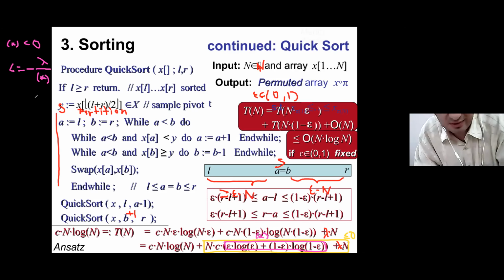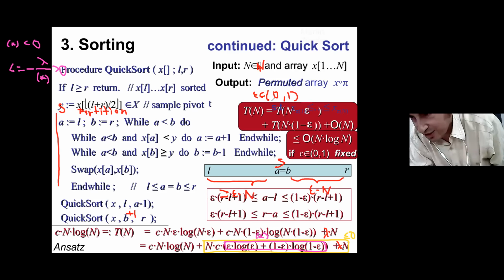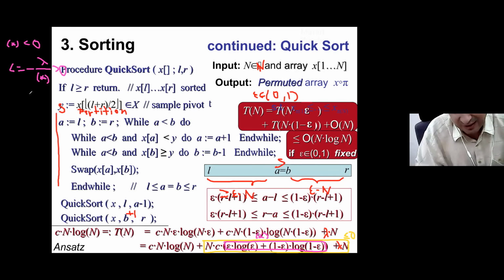So remember this formula, and now this is a positive number. This means whenever I have an epsilon which does not depend on the capital N, such that I can choose my pivot at least epsilon from the left and from the right, I can find a constant C which depends on this epsilon, so that T of n is C times n log of n, and this will give me the estimate O of n log of n.